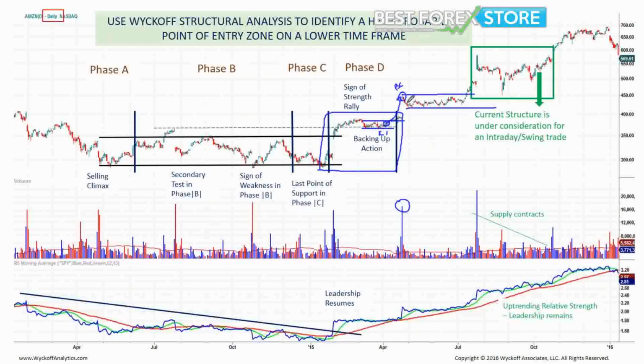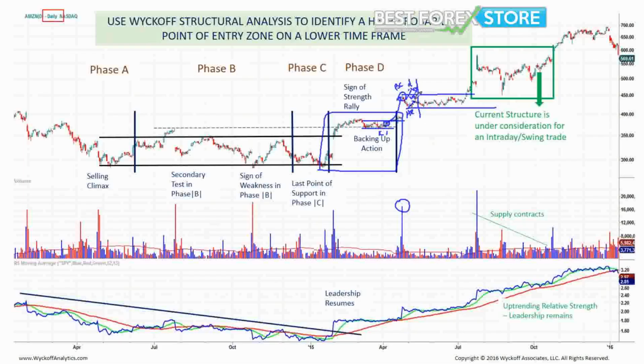How would we trade the structure? So on this swing, our bias is going to be to the downside. Why? Because of automatic reaction that we should have after the climactic action. The next time bias changes to the upside. Why? Because we're expecting the secondary test, which is going to retest the climactic action.